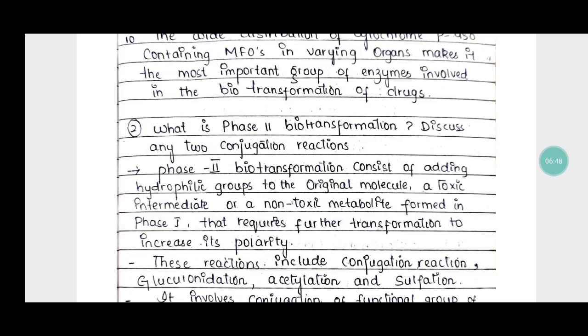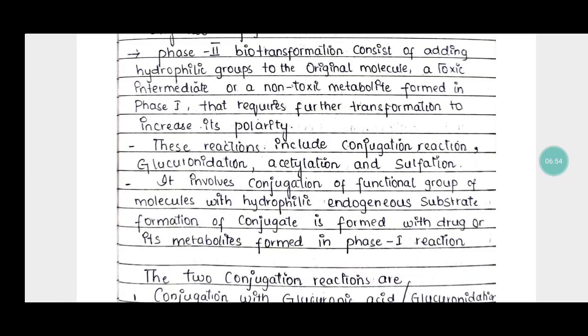This includes glucuronidation, acetylation, sulfation, methylation, and conjugation with thiosulfate. These are all the reactions included in phase 2 biotransformation or conjugation reaction.